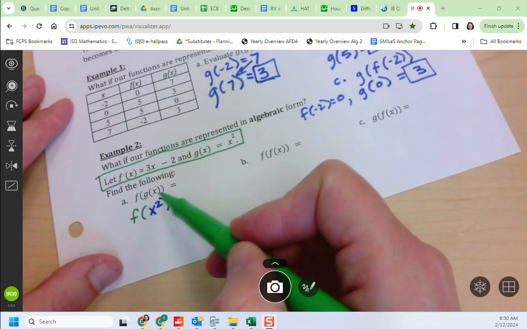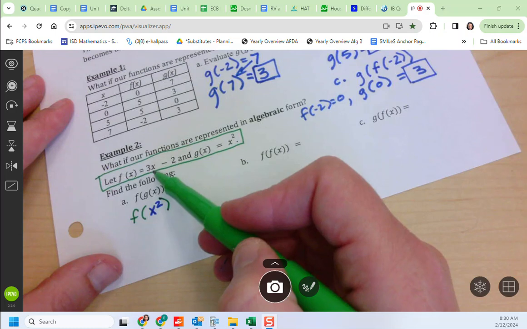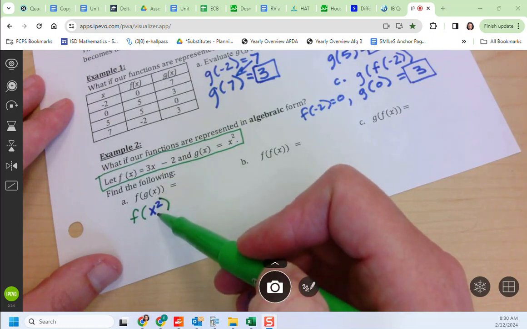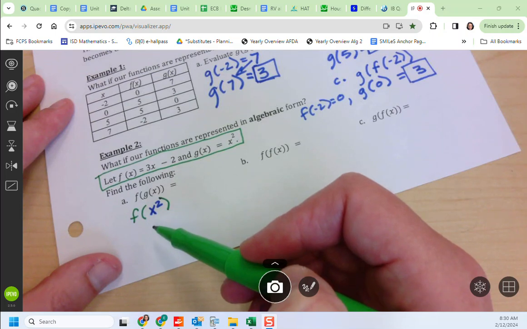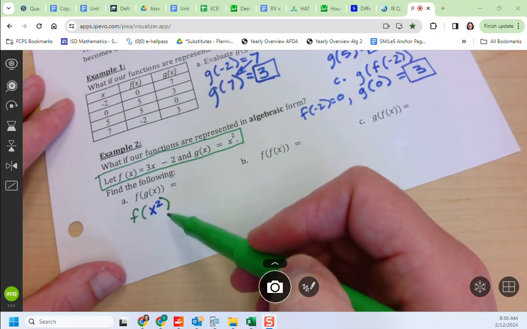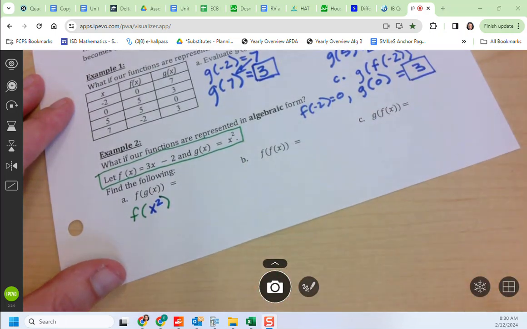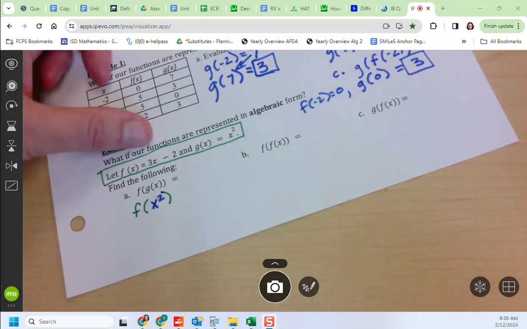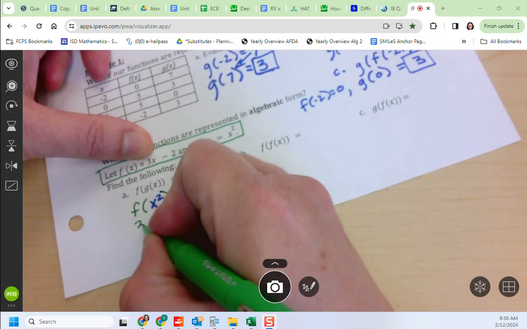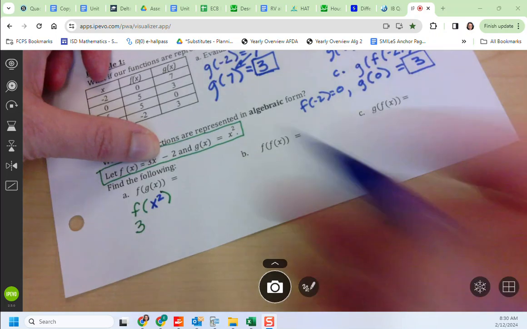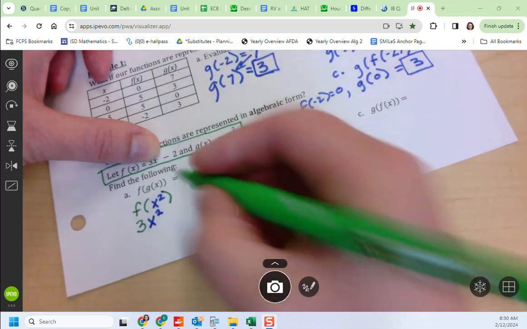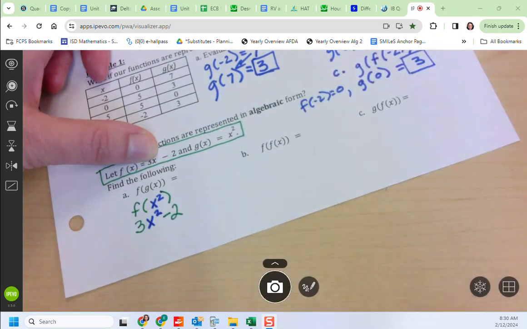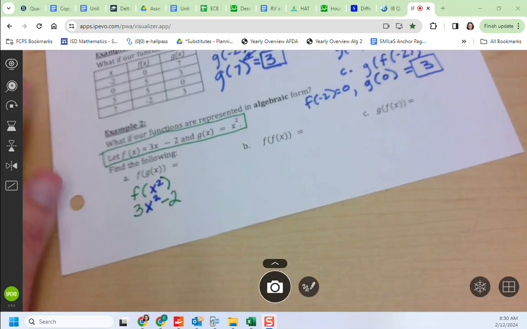Okay, so everywhere in function f where you see x, you're now going to put in x squared. Where did I get the x squared from? G of x is equal to what? X squared, right. Okay, so now I'm going to write function f out, which is 3x minus 2, but instead of the x, I'm going to put in x squared. And it doesn't simplify, so I'm just done.